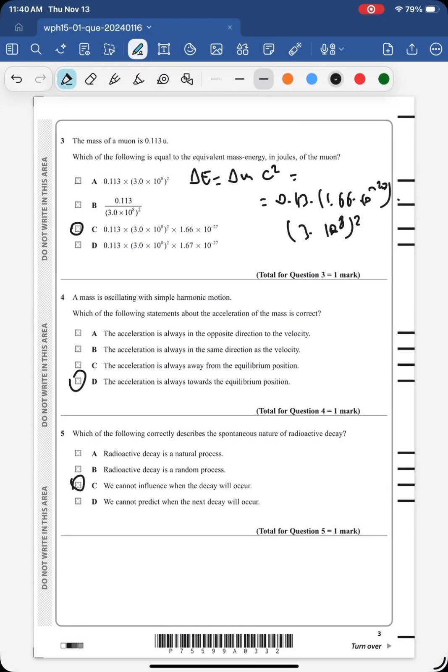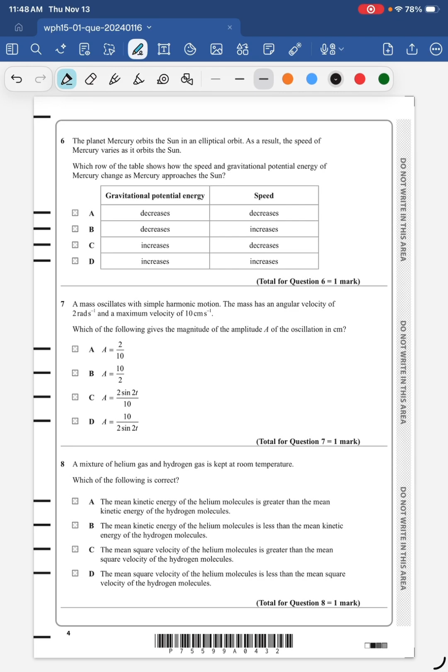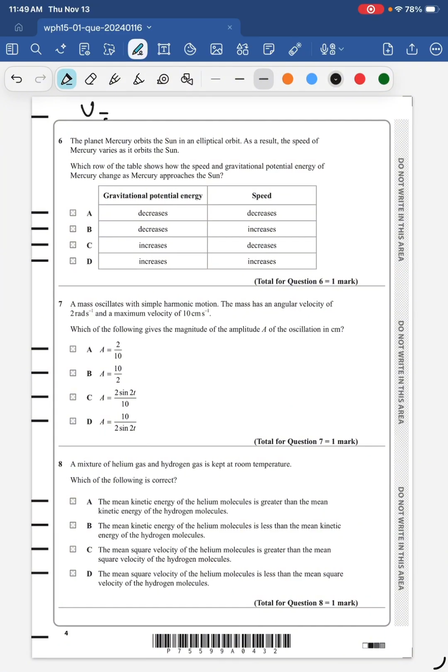So let's move on. Okay, question 6. The planet Mercury orbits the Sun in an elliptical orbit. As a result, the speed of Mercury varies as it orbits the Sun. Which row of the table shows how the speed and gravitational potential energy of Mercury change as Mercury approaches the Sun? Approaches means gets closer, okay? So here we need to use the fact that the gravitational potential energy is minus GM over r.